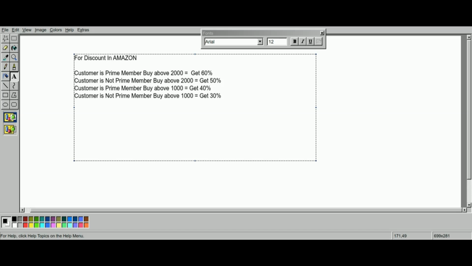Obviously, discount feature is business logic, and when representing complex business logic, decision table is the powerful way to ensure comprehensive testing coverage by breaking down the decision criteria and corresponding actions into a table format. Okay.